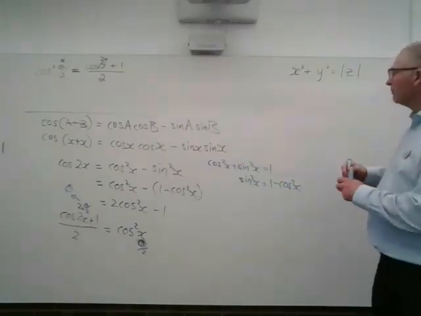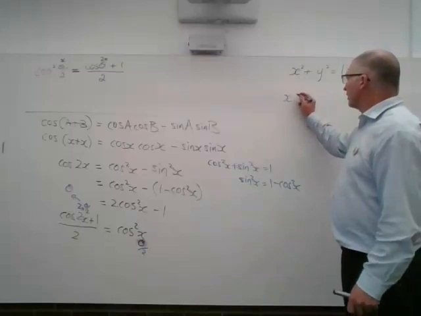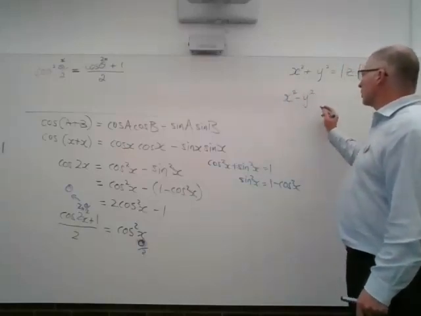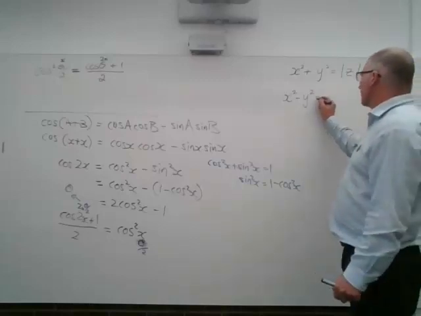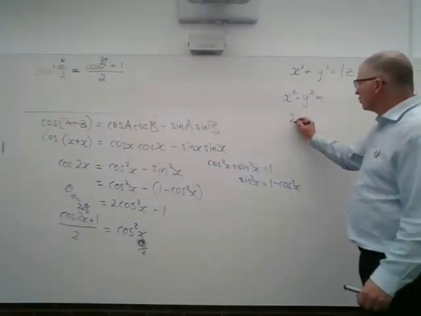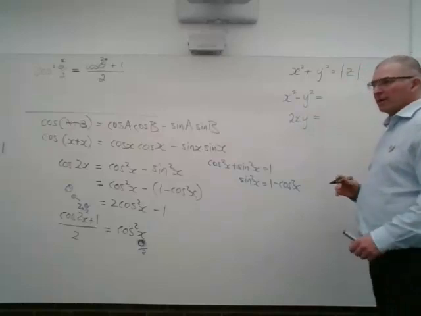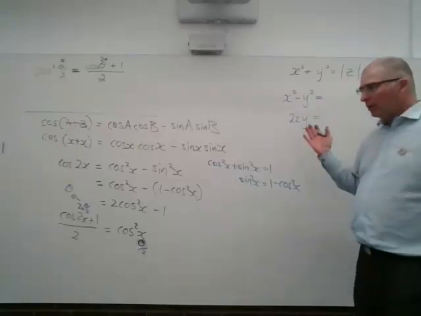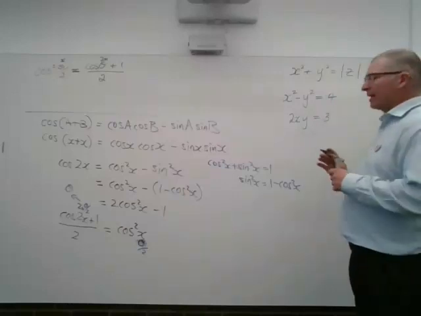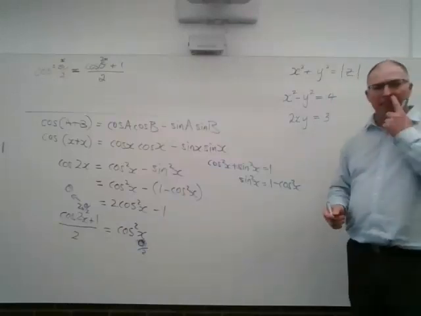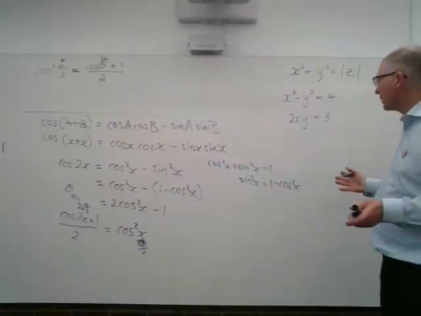Now normally, we're going to end up with these two equations: x squared minus y squared equals something, and 2xy equals something. So let's give them a value now. That can be 4, that can be 3. It doesn't really matter, but there's a couple of values for them.